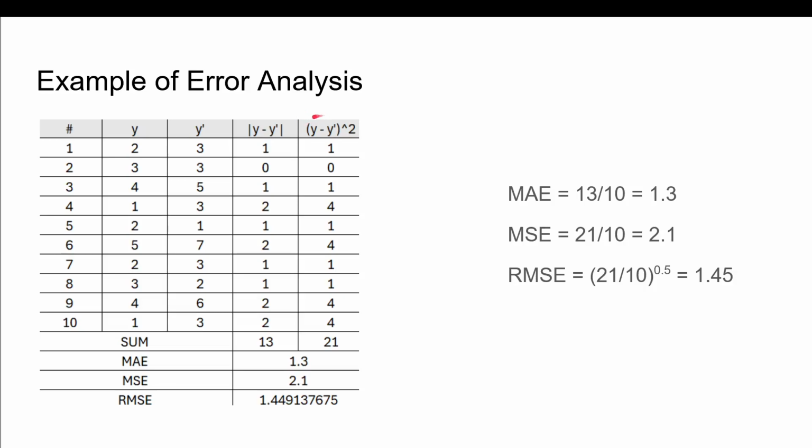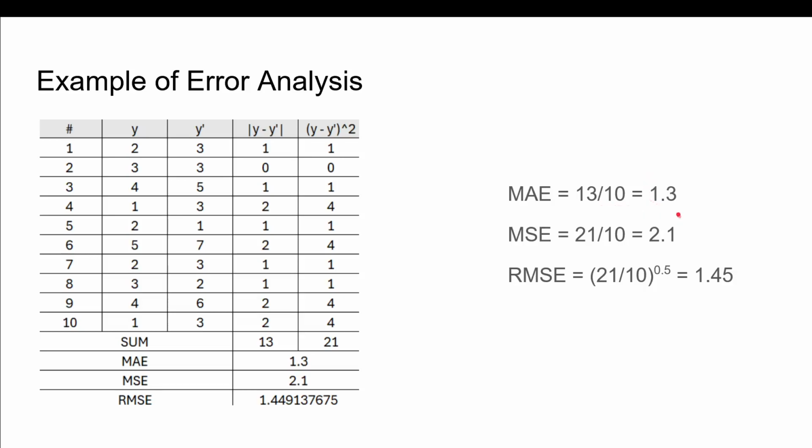The same goes for this one. The difference is that it uses squared error. So you compute the difference, and then you exponentiate it by 2. After that, you can sum all of this, and for MAE, you just do 13 divided by 10.